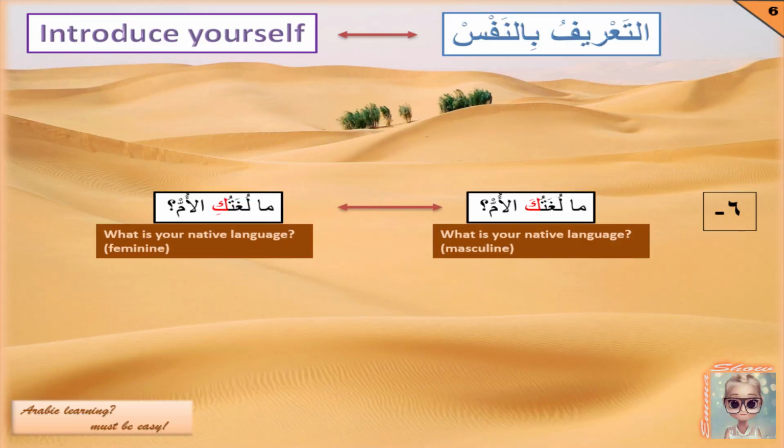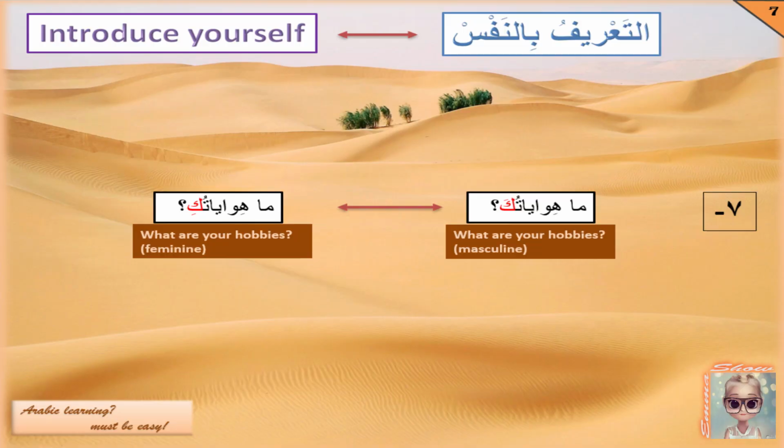What is your mother tongue? ما هي لغتك الأم for masculine and ما هي لغتك الأم for feminine. Wow, interesting. What are your hobbies? ما هواياتك for masculine, it's plural. And ما هي هواياتك for feminine.